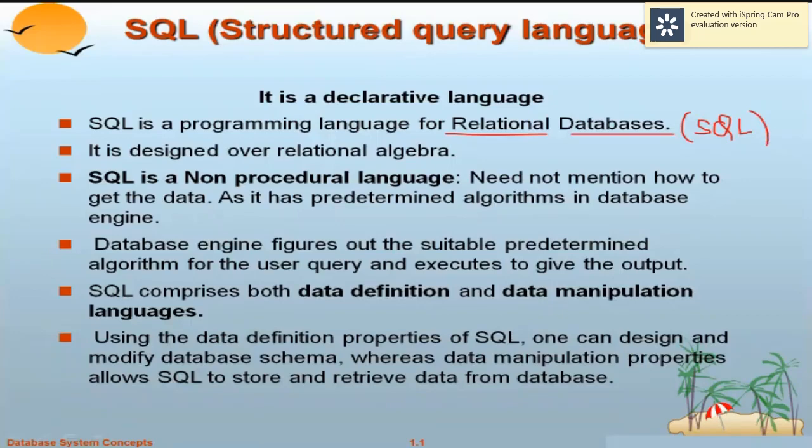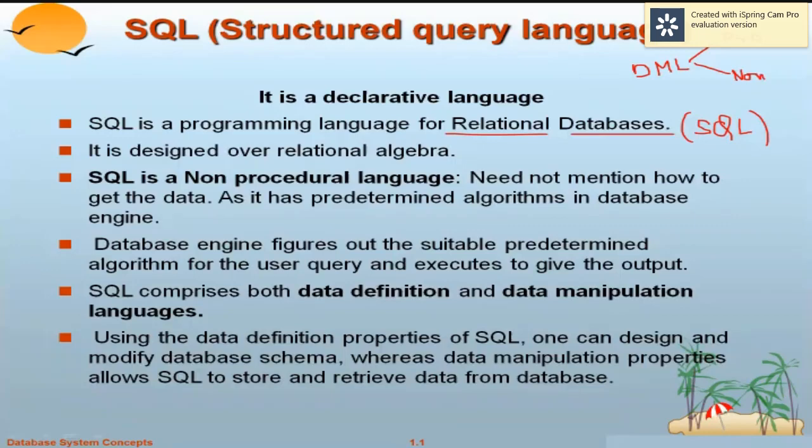Let me recall something from unit number 1 where we were speaking about DDL, that is data definition language, and DML, that is data manipulation language. There we spoke about two different types of data manipulation language. One was procedural, the other one was non-procedural.